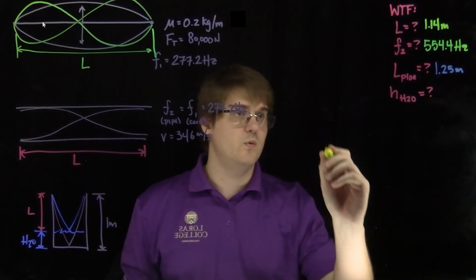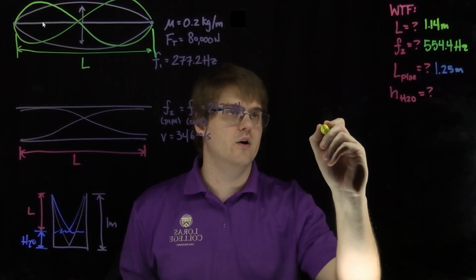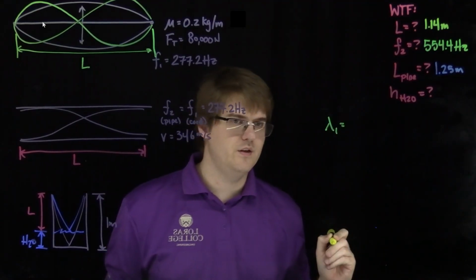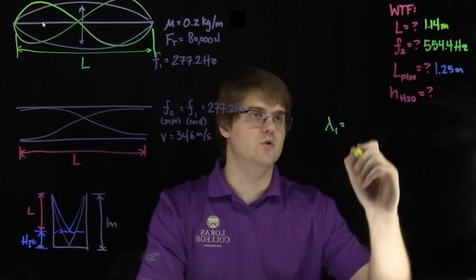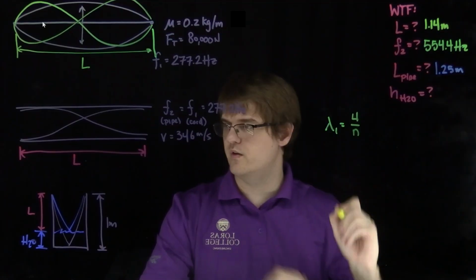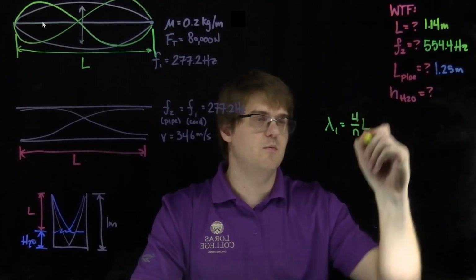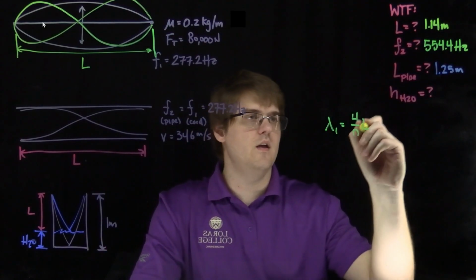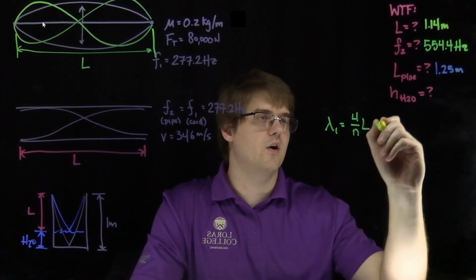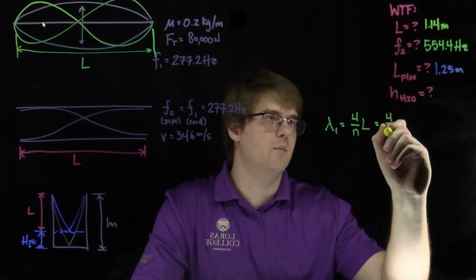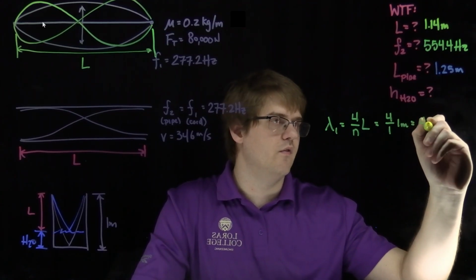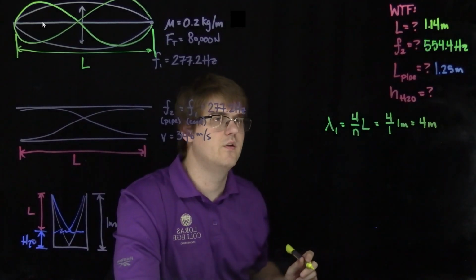So with that, we know that our wavelength at 1 is simply going to be equal to 4 divided by n, or in this case n is 1, times our length. Okay? And our length is 1 meter, and our n is 1, so 4 divided by 1 times 1 meter is simply a 4 meter long wavelength.